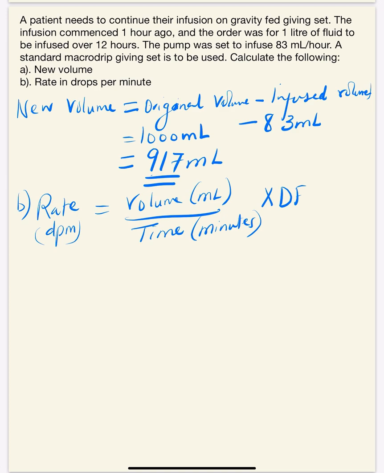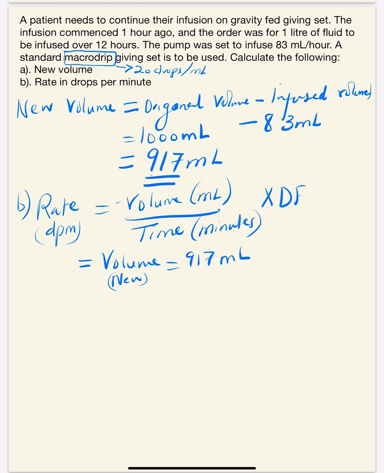Because we're using a macro drip, it will give us 20 drops for every milliliter. Then I could work through this one where we have our volume. Remember, we need to use the new volume here, which will be 917 milliliters.